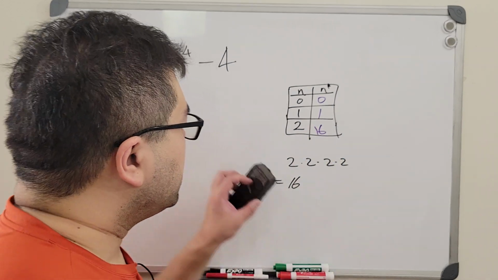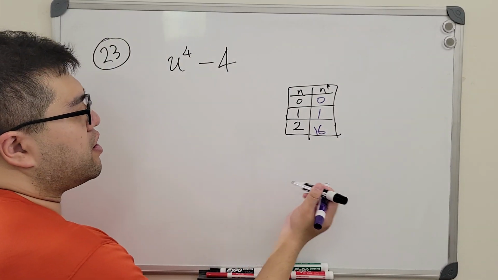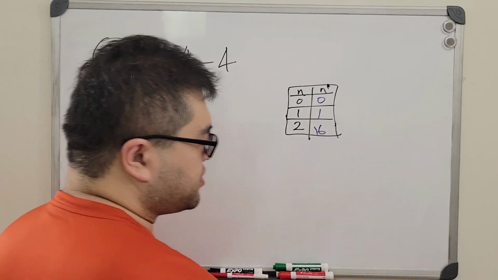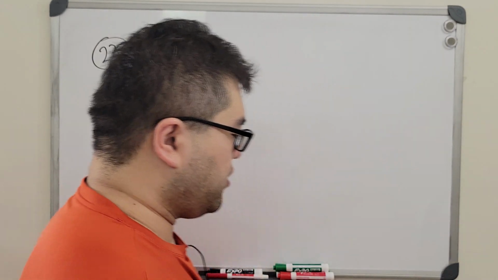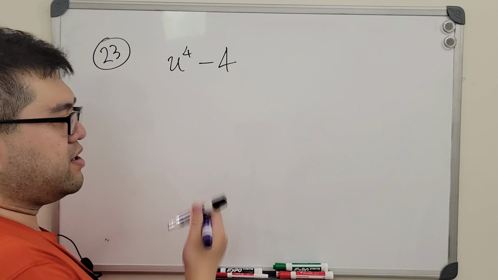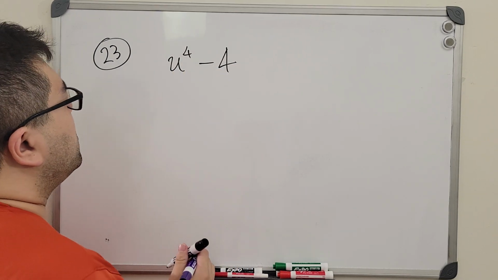So in this case, we see that 4 is not a 4th power of any whole numbers or integers. So we cannot use the results from problem 21 and apply it to this problem here.